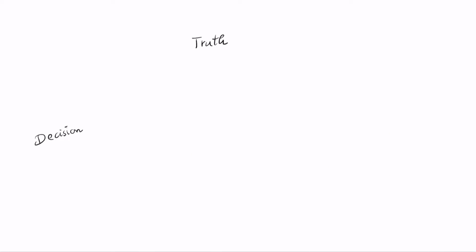So we have both of them. H0 is true here, H1 is true here, and decision is that we are accepting that H0 is true and we are accepting H1 is true.